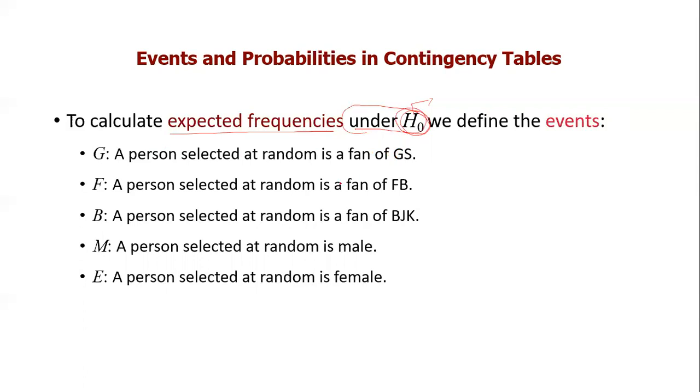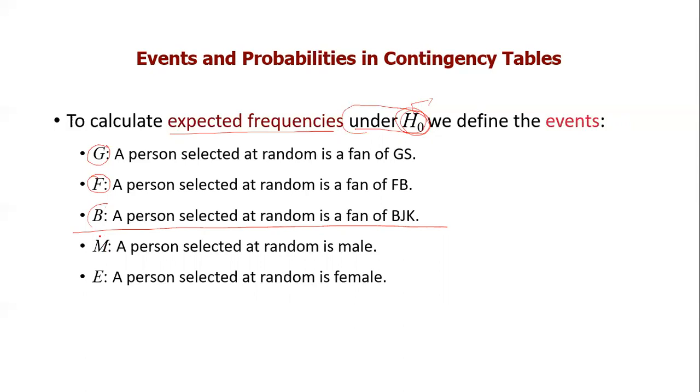Let me define the events. Say you select a person from this crowd. G is the event that he is a fan of Galatasaray. F is the event that you randomly pick a person and he is a fan of Fenerbahçe. B is the event that the selected person is a fan of Beşiktaş.